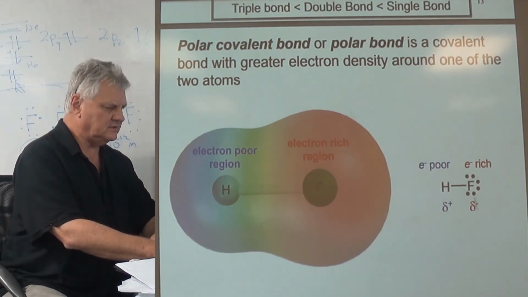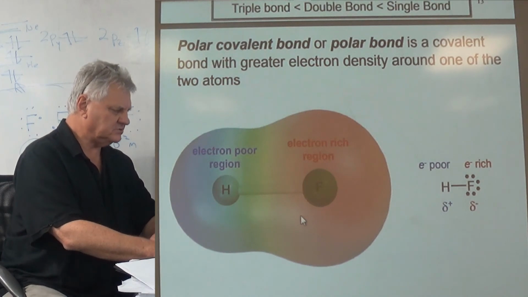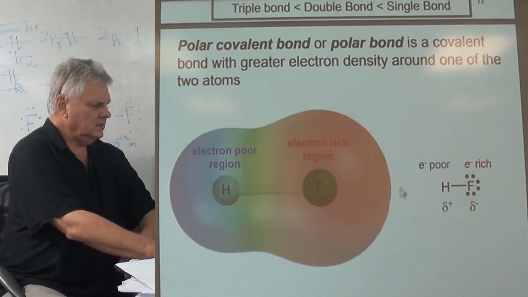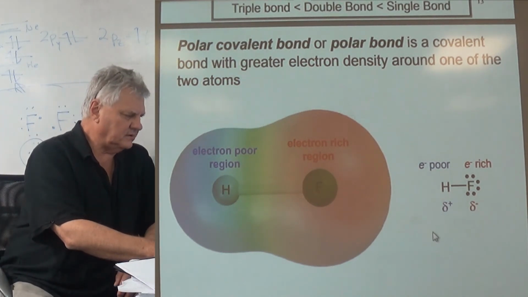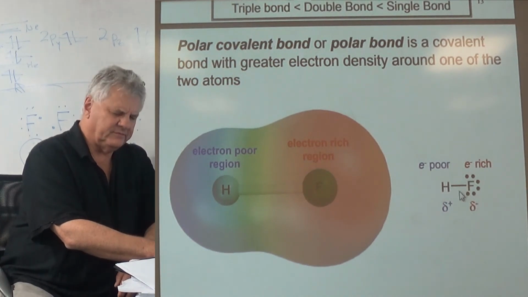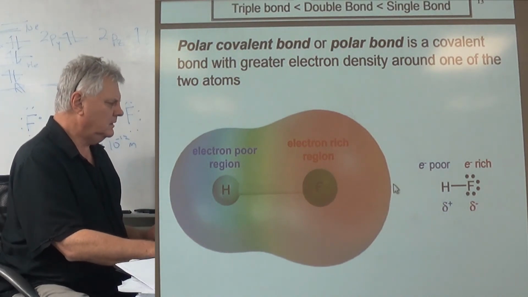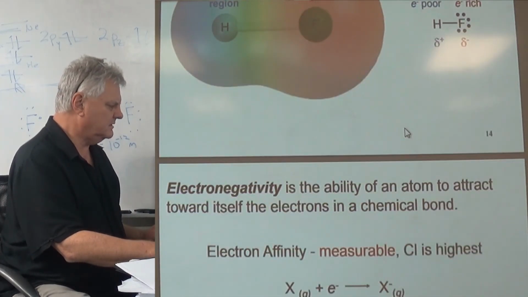And so the electrons in the covalent bond actually spend more time around fluorine than around hydrogen. This is an example of a polar covalent bond. It's not a full charge, but the hydrogen is thought of as being partially positive, and the fluorine is thought of as being partially negative. These are small Greek deltas here. So this is an example of a polar covalent bond.